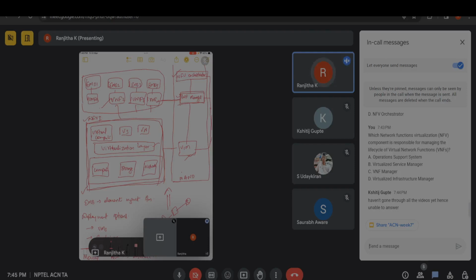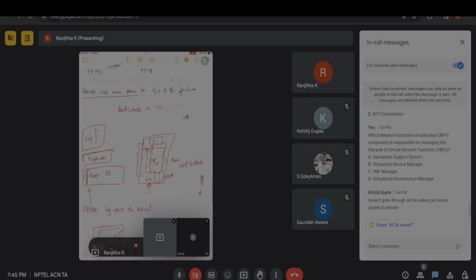Just tell me how many of you have used these virtual machines? How many of you are aware of the concepts of containers? At least is the concept of virtual machine clear? I'm partially aware. Have installed Kali Linux on VMware, but not explored it in much detail.